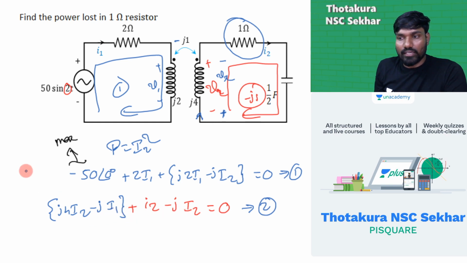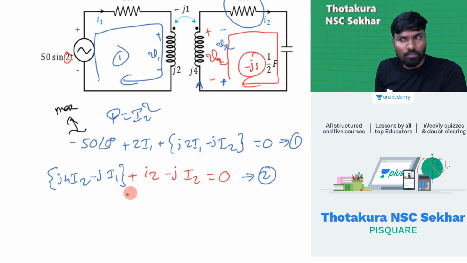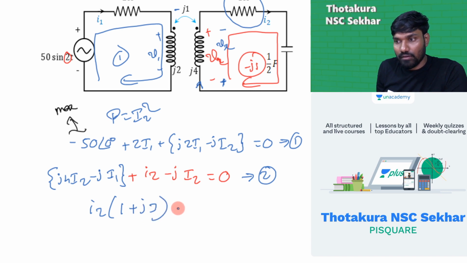It's complex numbers, so can you write I1 in terms of I2? I don't have it, otherwise I would have given. Let me solve it. Minus J4 into I2, plus J, minus J, we have I2 into 1 plus J3 minus J I1, equal to 0.